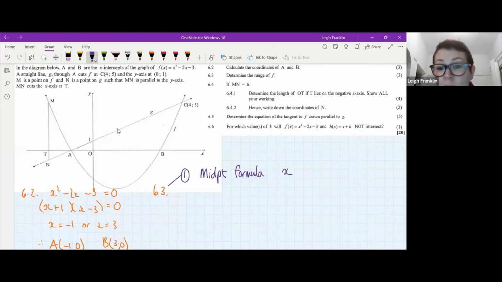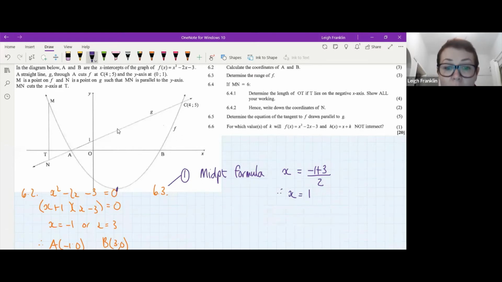In other words, x equals -1 plus 3 over 2, because your x coordinate at your turning point is going to be halfway between your x-intercepts. So that means that x would be equal to 1.